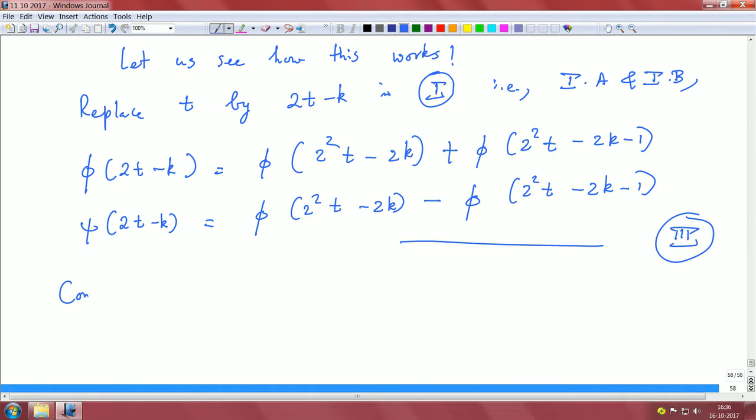Now, let us again consider f naught t plus w naught t plus w1 t. This should exist in scale j equals 2.